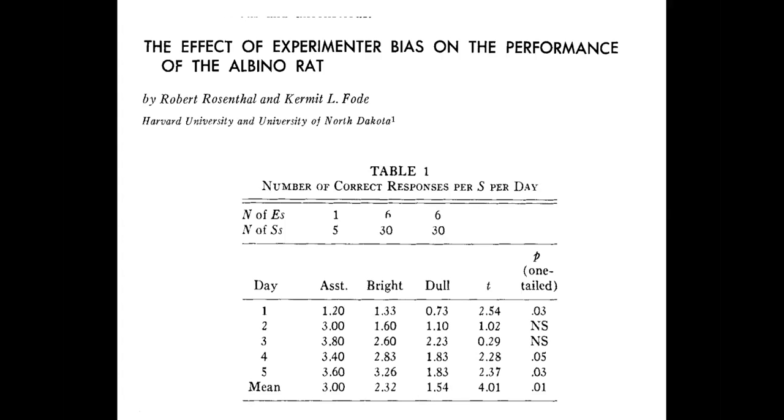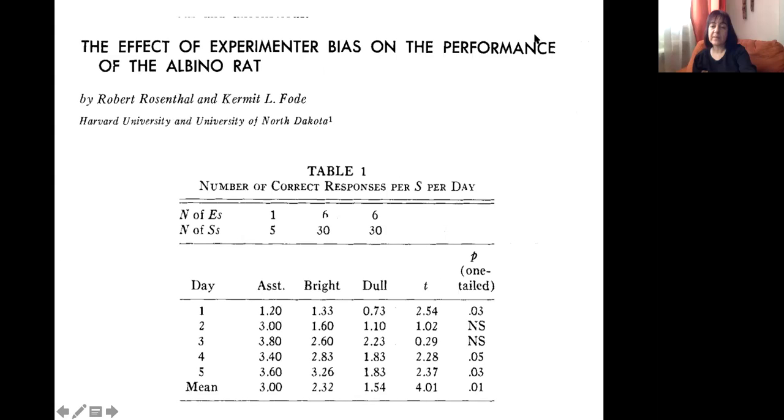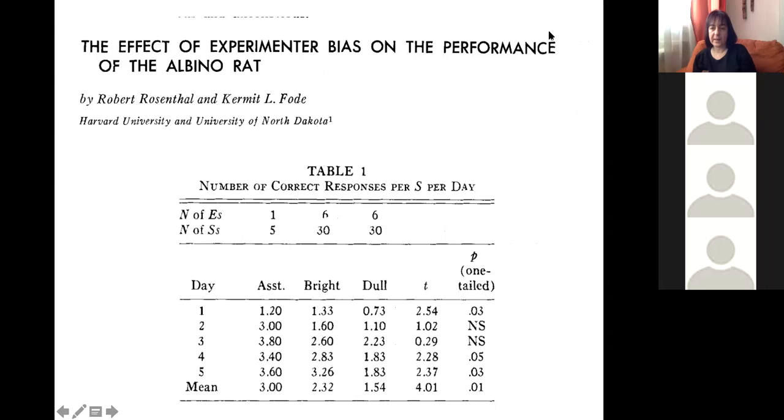So it is a classical study, a classic example how providing different information to the experimenters can bias the outcome of the study. And because of that, usually the experimenters, the people actually collecting data, are not the same people that have designed the study.